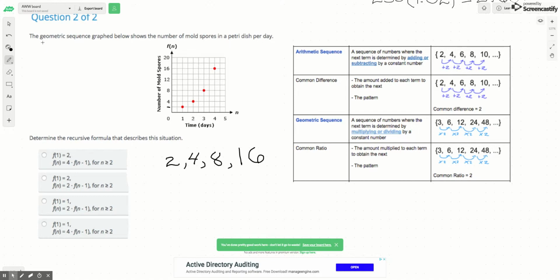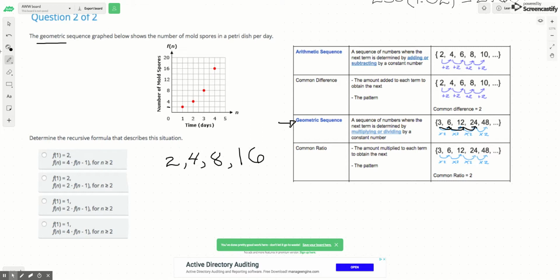Now, they're telling you here that this is a geometric sequence, which is this right here. The difference between geometric and arithmetic is the pattern to get to the next number. So let's look at an example here. For geometric sequences, you will always multiply or divide by the same number to get to the next one.